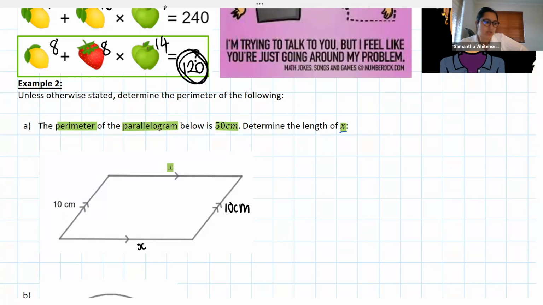Based on all the information I've given you, what is X? And remember again, grade 8, check yourself. If you know what X is, add the 4 sides together, make sure you get 50. Remember your units as well.